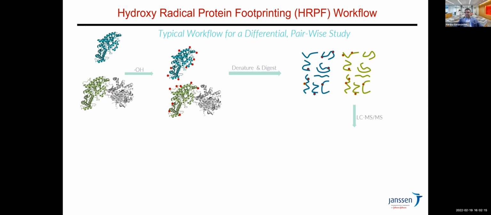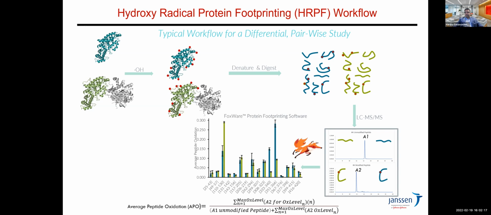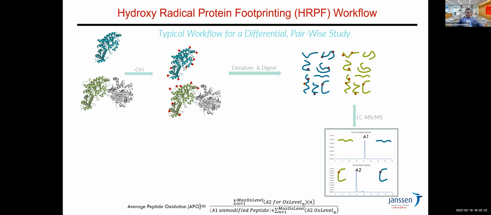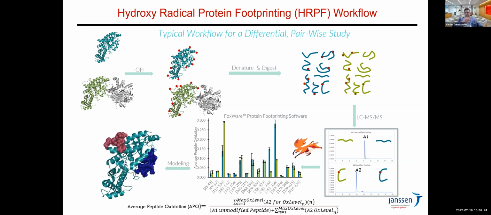The results are then constructed in the context of the protein structure to create models which demonstrate protection or putative binding site, as well as deprotection or allosteric conformational changes.